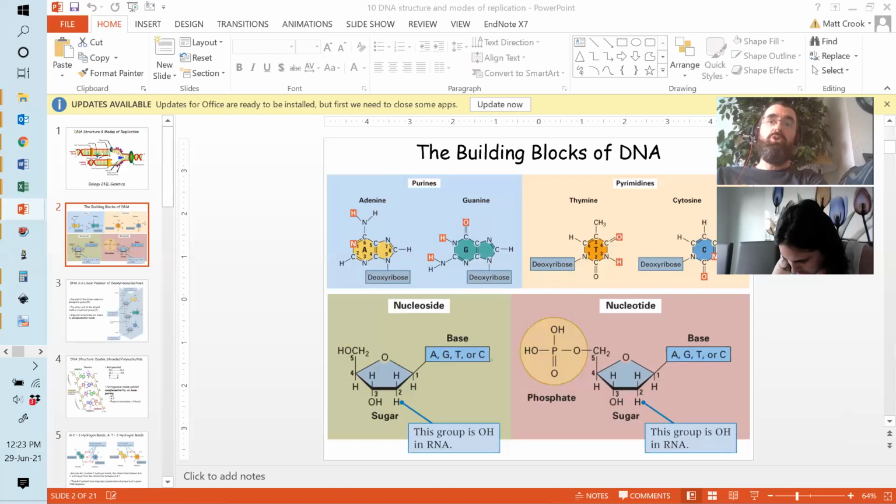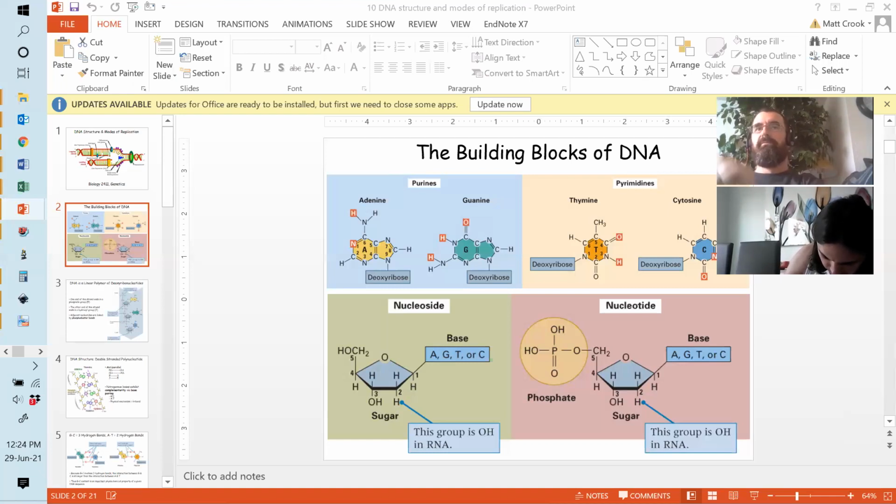That's the one where the new nucleotide is added. The 2' OH is found only in RNA and is used for funky RNA activities, which we'll come to later.